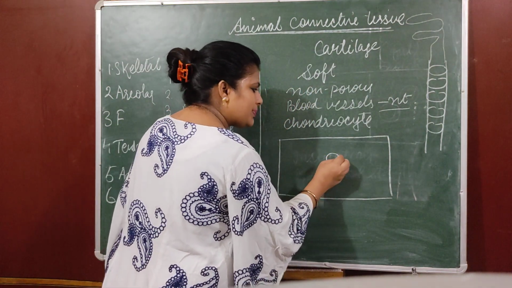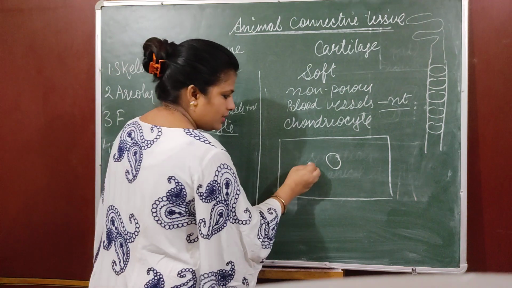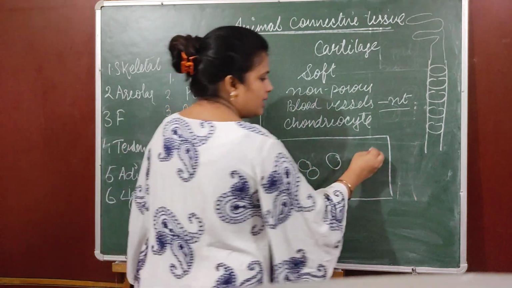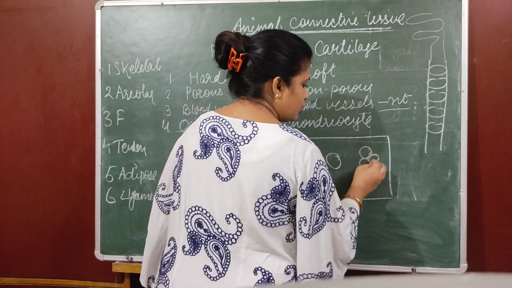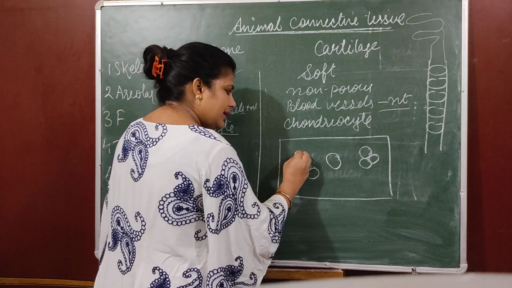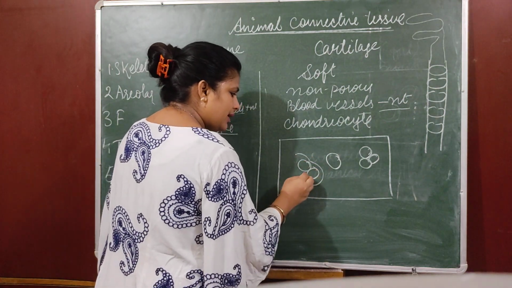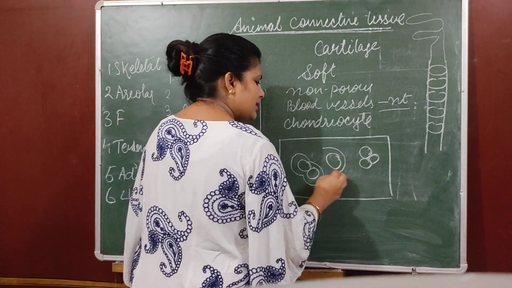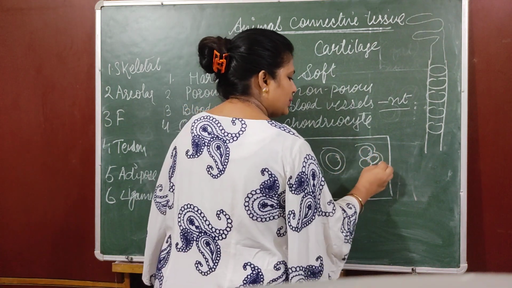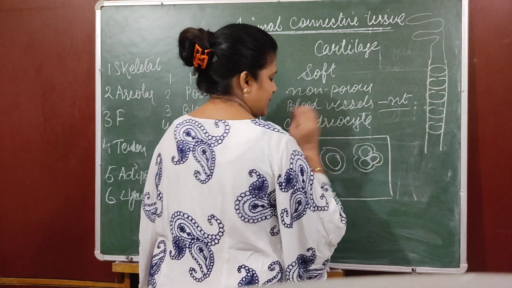Cartilage cells could be present singly, in a pair, or in a group, and they are surrounded by a space. That space is known as lacunae, and this is a fluid filled space.